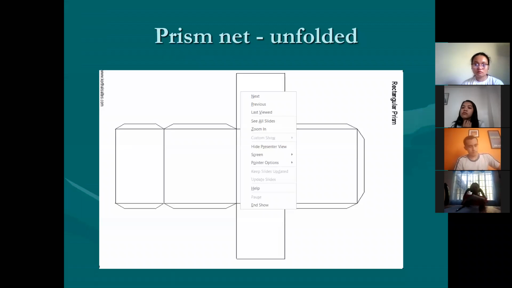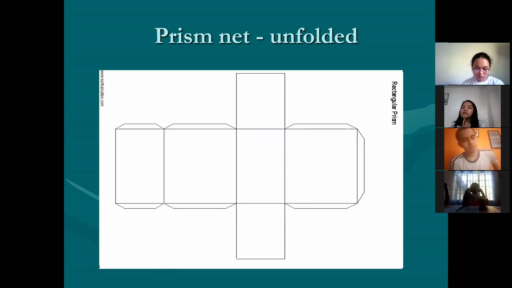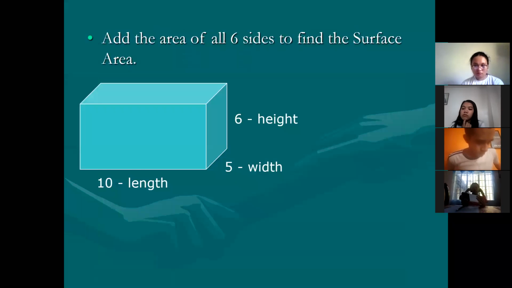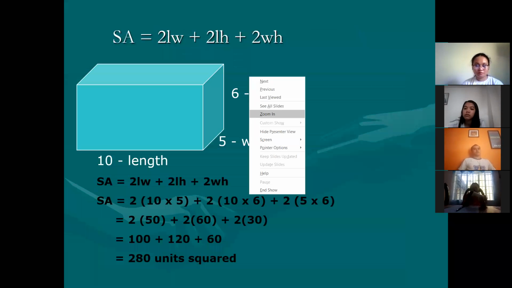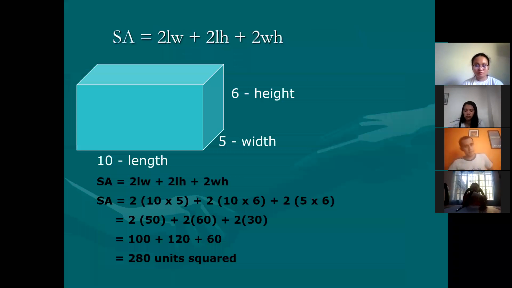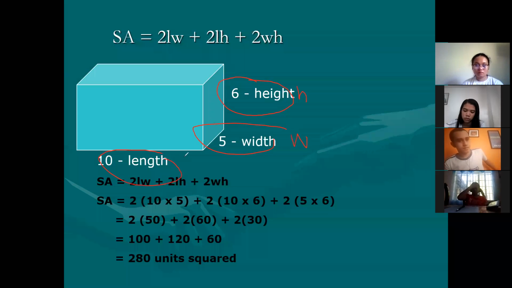So what's the formula for finding the area of a rectangle? Length times width. But this time, let's try to analyze the figure and assume representations, like this one is your height, this one is your width, this one is your length.